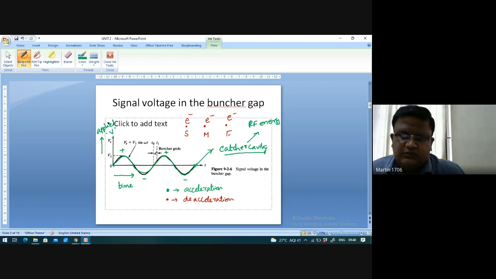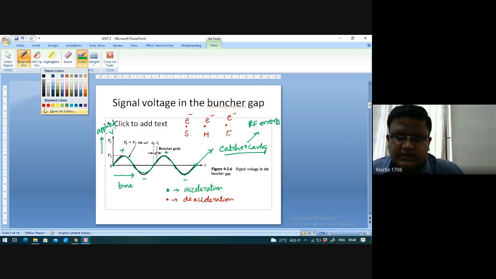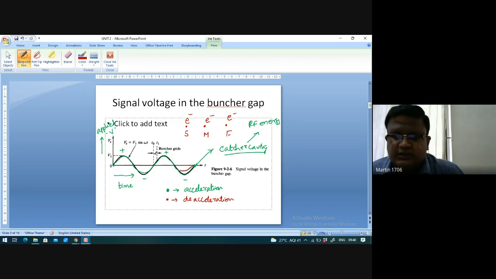Once it touches the catcher cavity or catcher metal, it will decelerate, which means slowing down the rate of the process, so the speed is reduced.